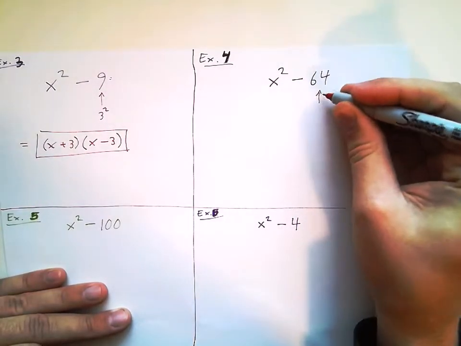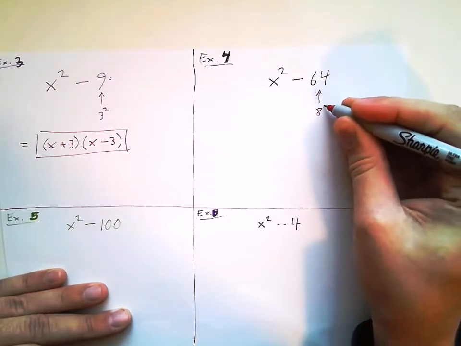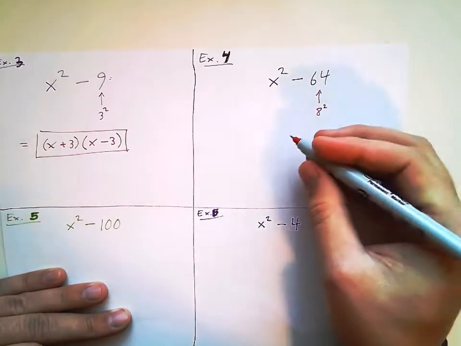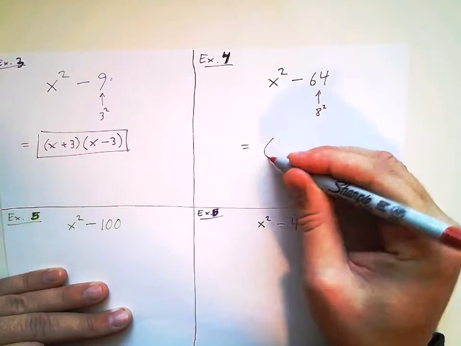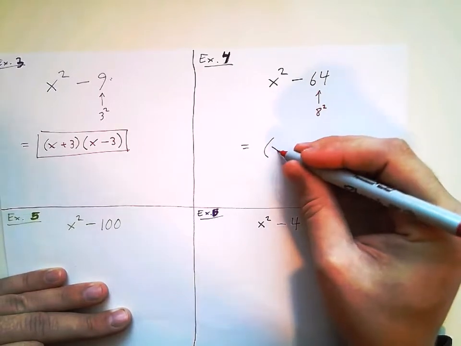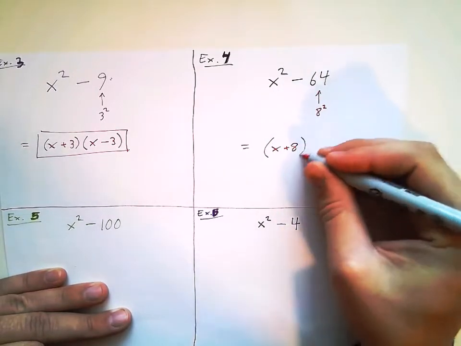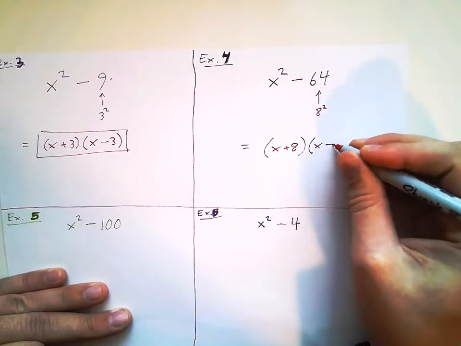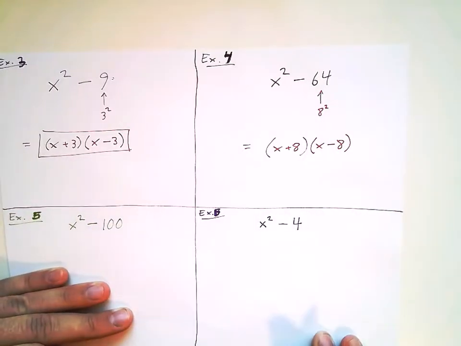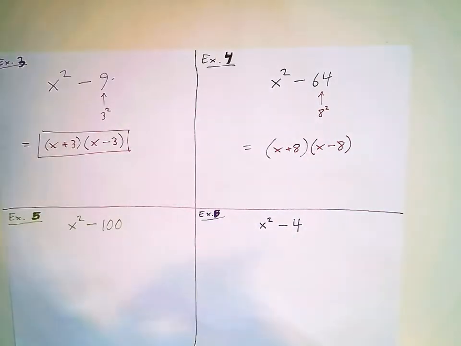So you've got to say 64 is 8 times 8. So I can get this by multiplying (x + 8)(x - 8). And if you multiply that out, you can check that and it will work.